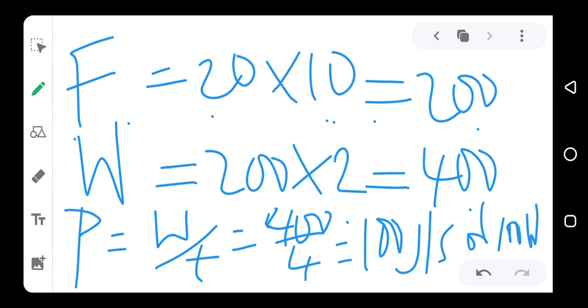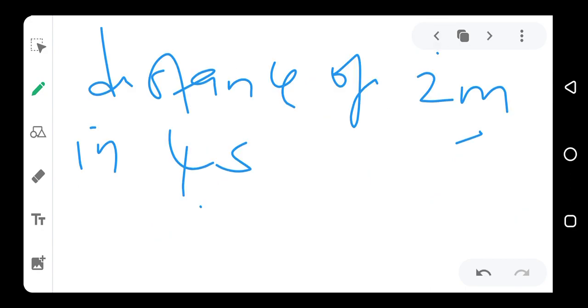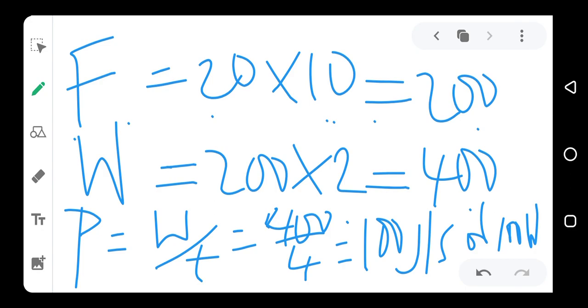Watt is also represented with the symbol W. So 100 joule per second or 100 watts. So here we first of all converted the mass given to us to force or weight by multiplying with 10. Force is equal to mass times 10, and we get 200.